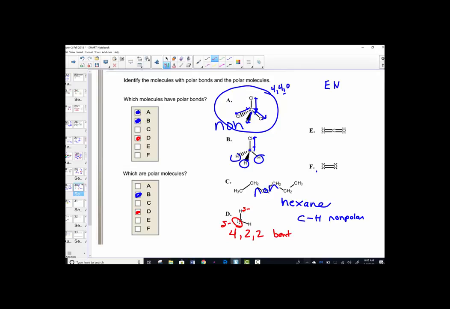How are you doing? We just talked about this one a moment ago. We see that there's an equal distribution of pole on the carbon. Remember, it's 2, 2, 0, linear. Since the 2 domains are exactly the same, and they're being pulled evenly in both directions, it's a non-polar molecule. However, the bond itself is polar because oxygen is far more electronegative than carbon.